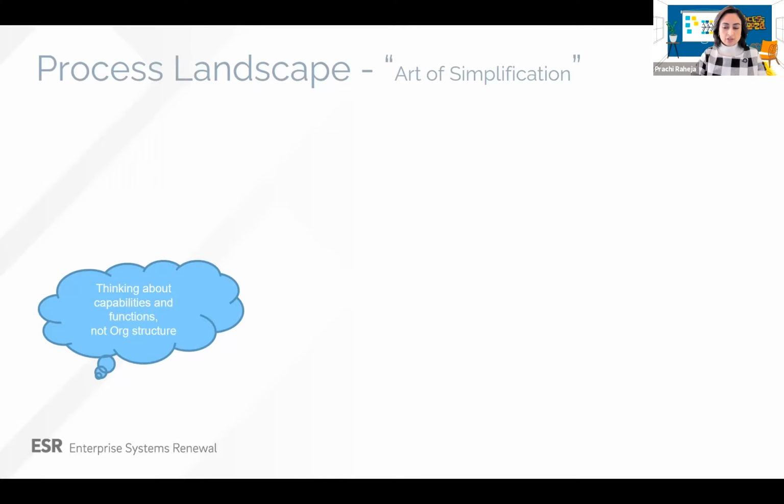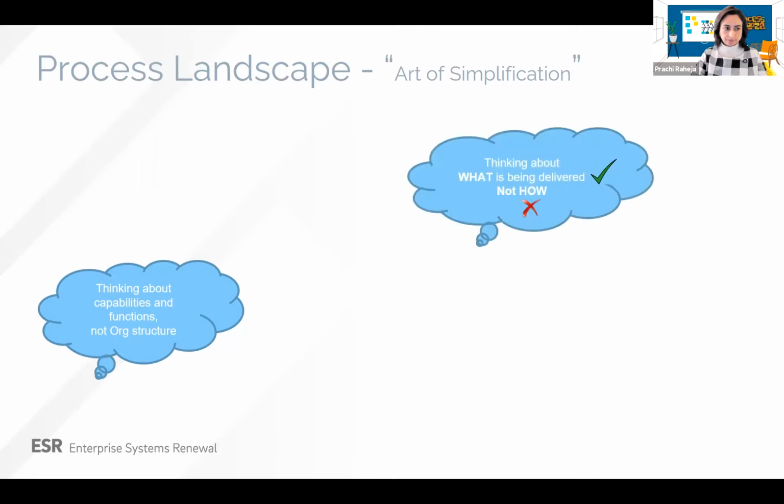We make an intentional effort to make sure that when we're putting the process landscapes together, we're not aligning with the org structure, we're aligning with what is being offered in that process, so that the process landscape view makes us more capable of looking over at each other's processes and how these processes connect to each other, even if they may live in different areas of the org structure. We want to make sure that we are thinking about what is being delivered, not how. We also should be prepared to come up with new terms.